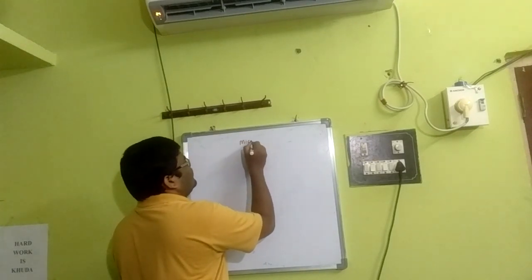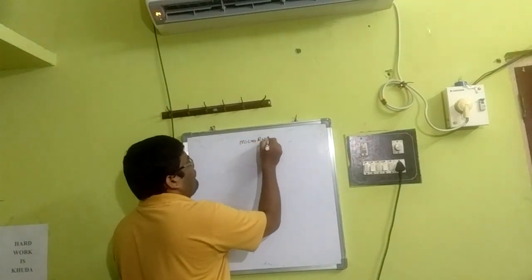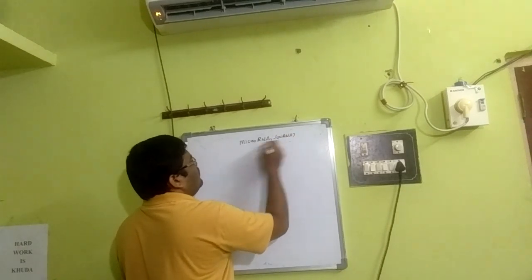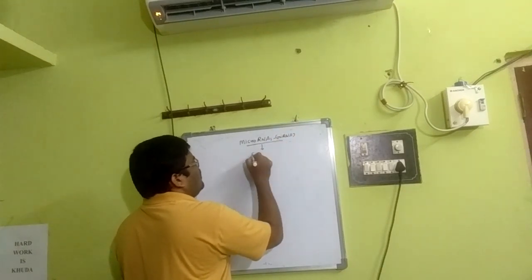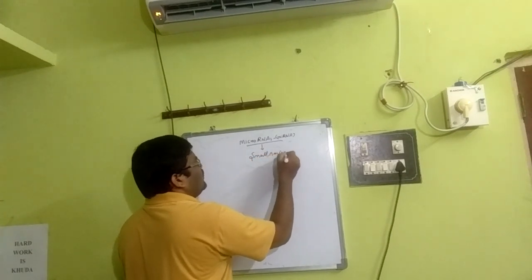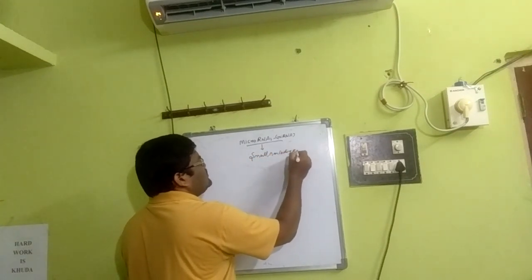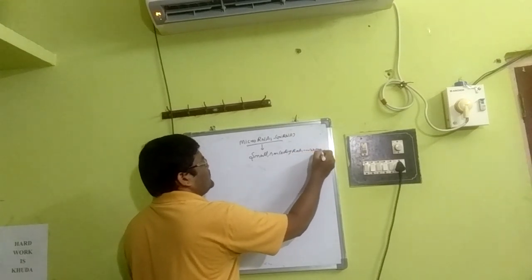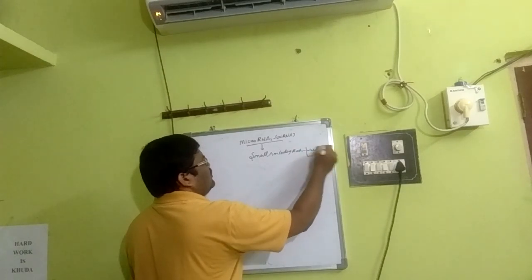MicroRNAs. This is very important. They are small non-coding RNAs, around 22 nucleotides.